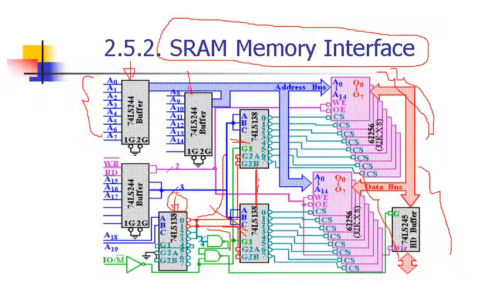Okay, you buffer them. For example, here each page, each memory chip, which is composed of 32 kbytes, requires 15 address pins from A0 through A14.